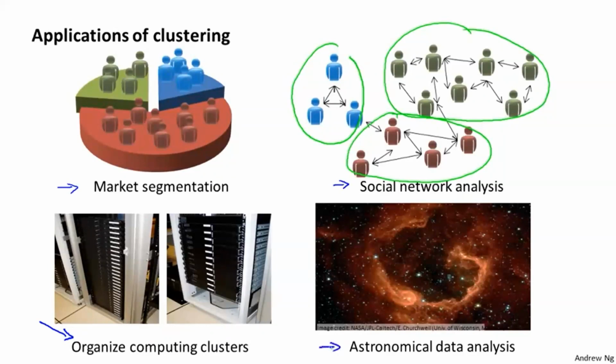And lastly, something that another friend worked on: using clustering algorithms to understand galaxy formation and using that to understand astronomical data. So that's clustering, which is our first example of an unsupervised learning algorithm. In the next video, we'll start to talk about a specific clustering algorithm.